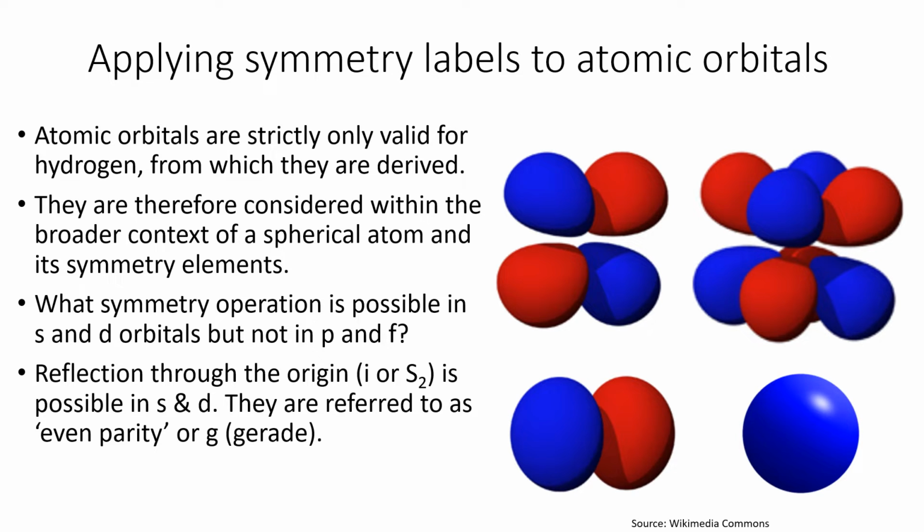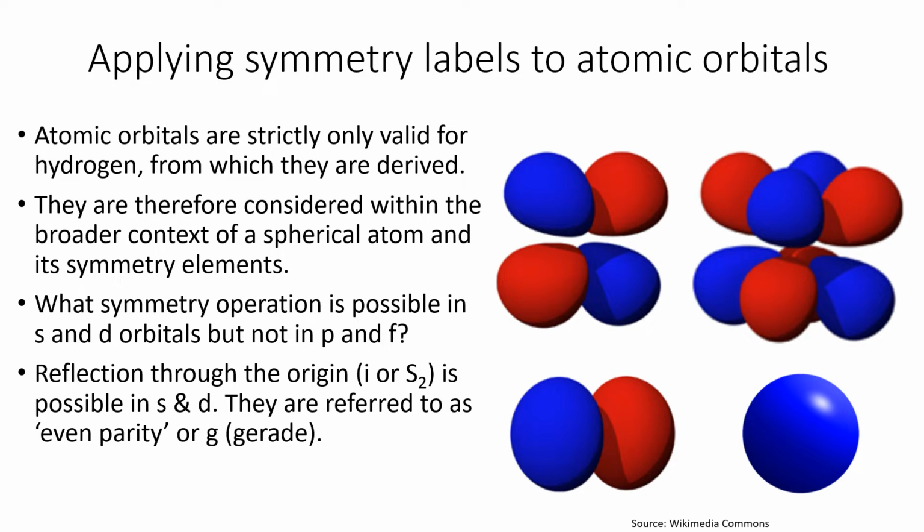The phase, remember, is just looking at the wave function, if you're considering it to be the positive part of a wave, like a crest, versus a negative part of the wave, the trough. And so those two orbitals have this symmetry for the I operation. But when you consider the p and the f orbitals, they don't have this symmetry, although what we do find is that the lobes do reflect into each other's positions, but the phases are reversed.